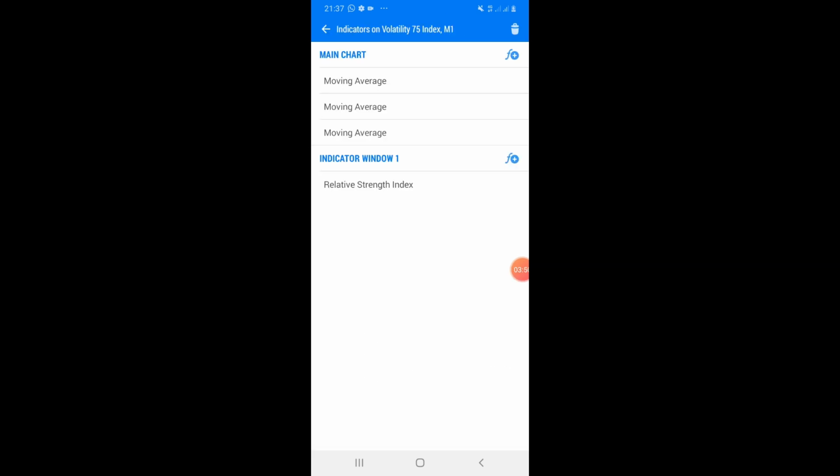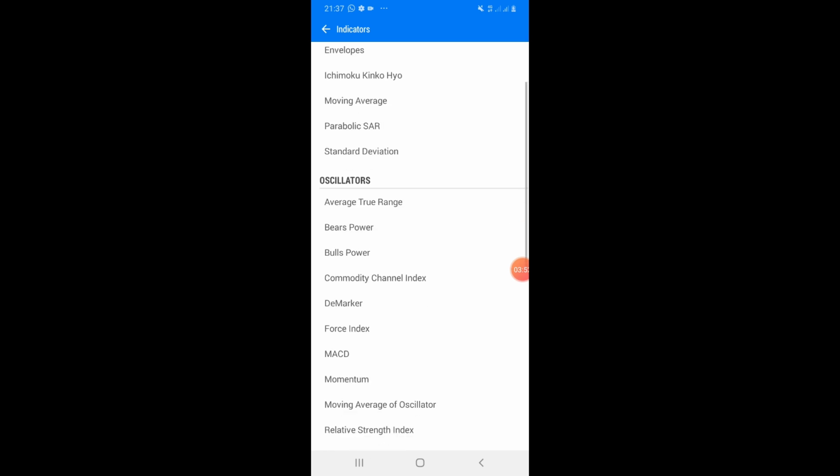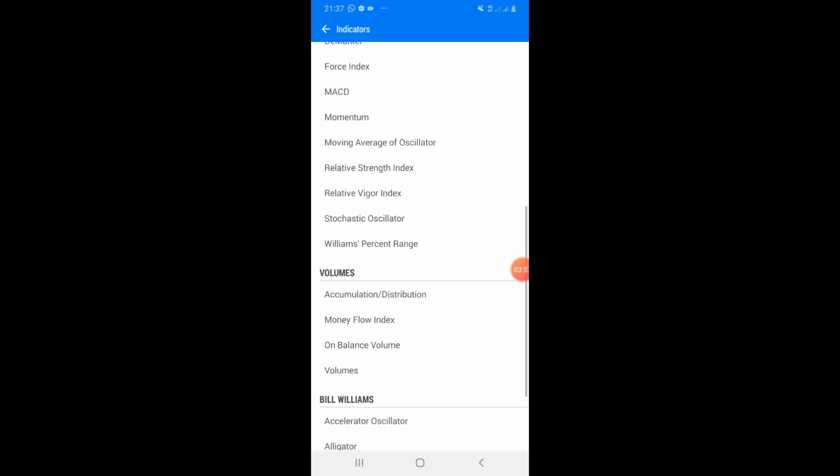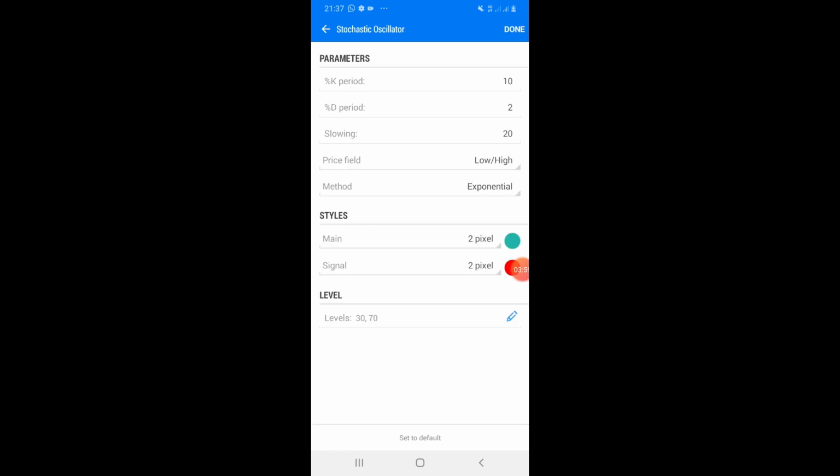Then the last indicator is the stochastic oscillator, and these are the following numbers that you need to punch on your stochastic. You need the first one to be 10, the second one to be 2, not 20, sorry, and then the slow to be 20.